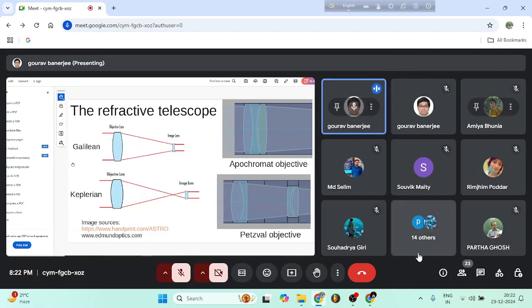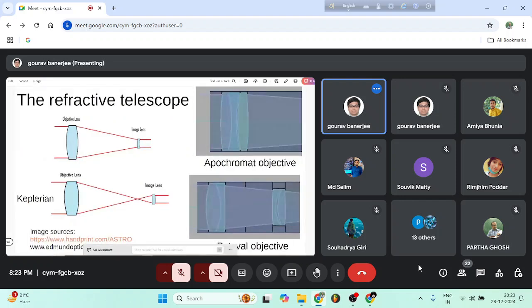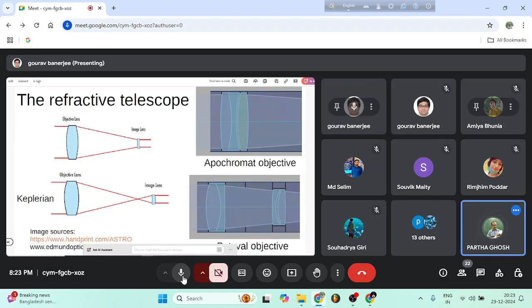Because some background is running. Gaurav, is Anwesh talking? We are not being able to hear anything.